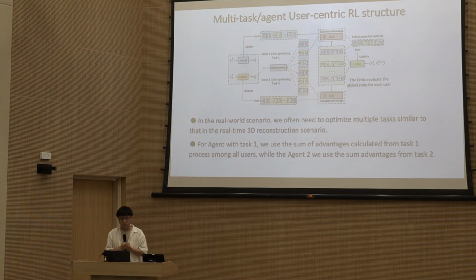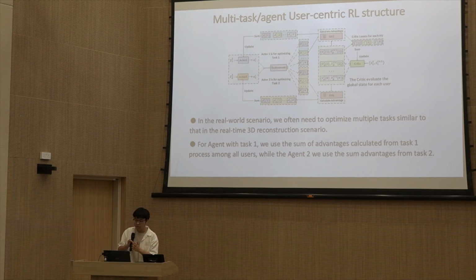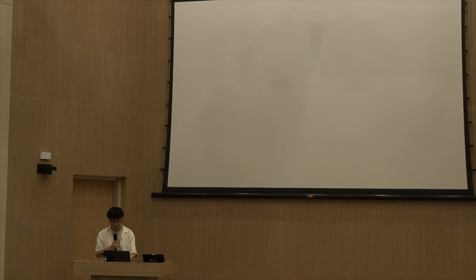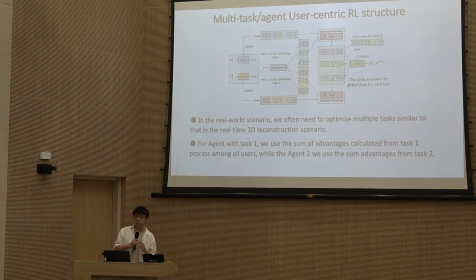In real-world scenarios, we often need to extend to optimizing multiple tasks. That is similar to the real-time 3D reconstruction scenario we described in the previous slides, because in the real world the optimization variables are always more than one. So extending the user-centric structure to multiple-agent reinforcement learning is also possible.